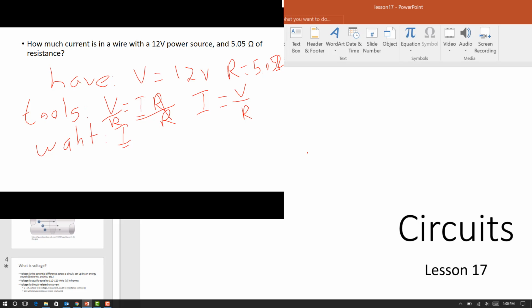And so we want current. Current is equal to voltage divided by resistance, so 12 volts divided by 5.05 ohms. And so what we're going to get for current is 12 divided by 5.05, which should be 2 and some change. What is it? 2.38.